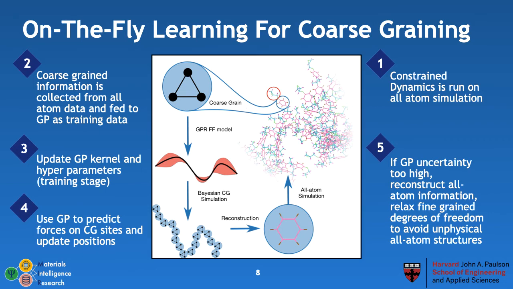If the predictive variance is too high, we can reconstruct the all-atom information, perform constrained energy minimization on the fine-grained degrees of freedom to avoid unphysical all-atom structures, and repeat the loop as necessary. When the Gaussian process is confident in its predictions, it will continue on with the simulation without needing to reference the all-atom baseline.